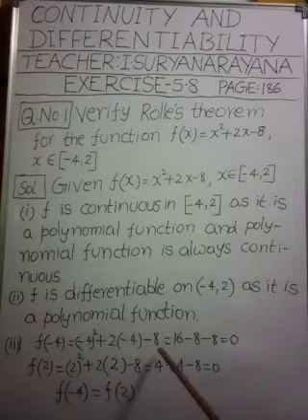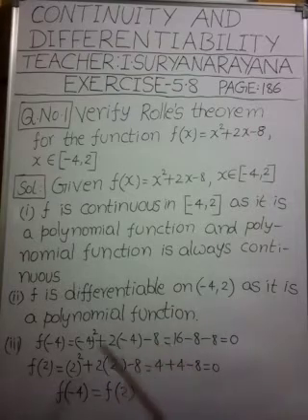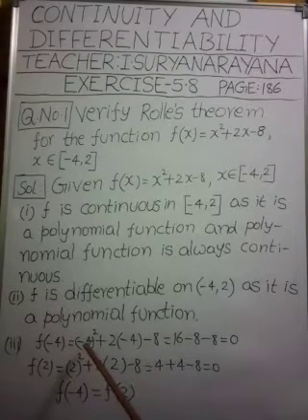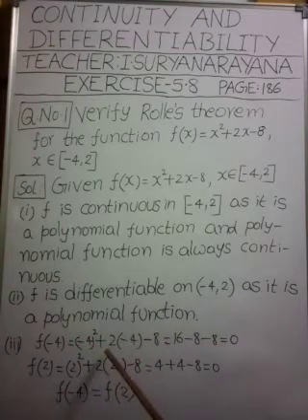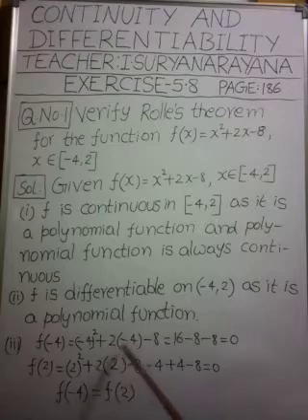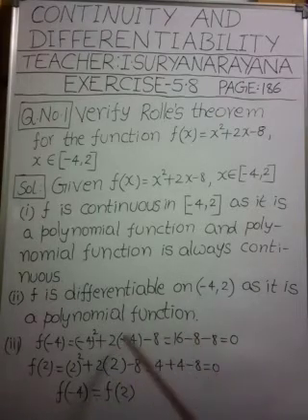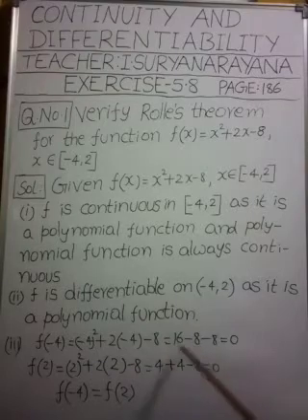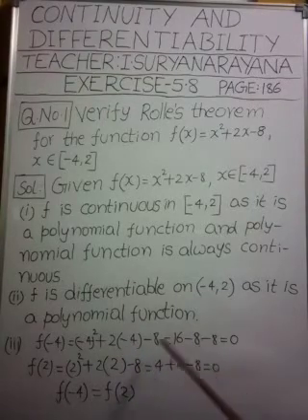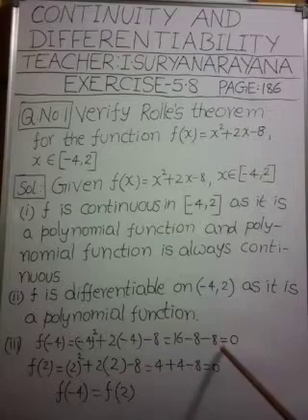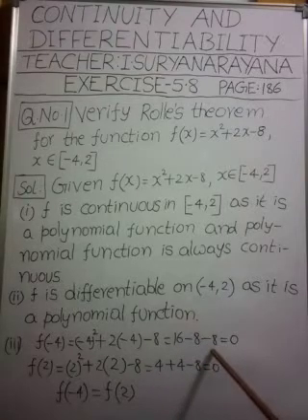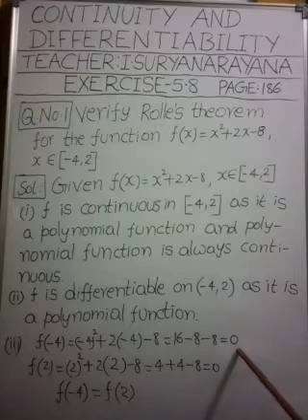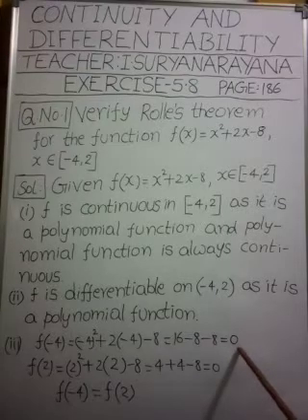What is the value of (−4)²? 16. The second term, 2 into −4: plus into minus gives minus, 2 fours are 8. The third term, −8, as it is. By simplifying these three numbers, what do you get? 0.